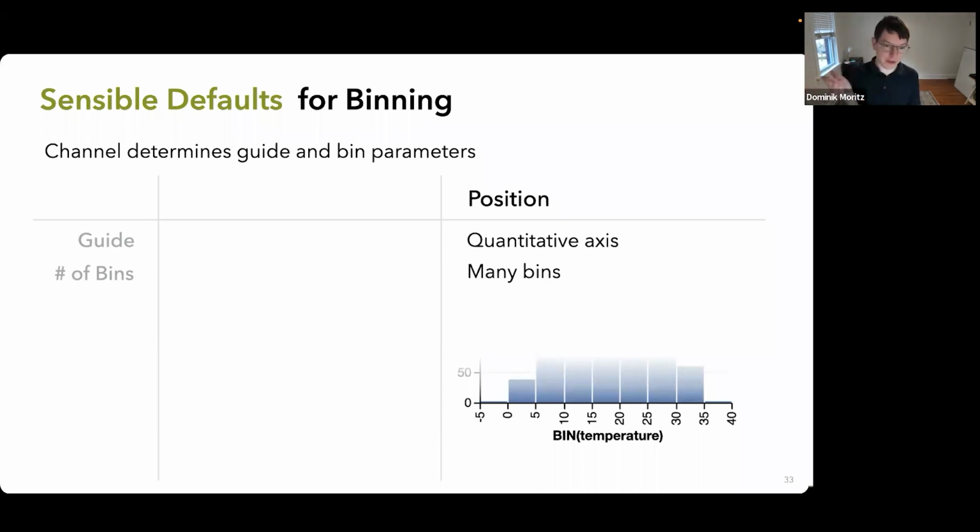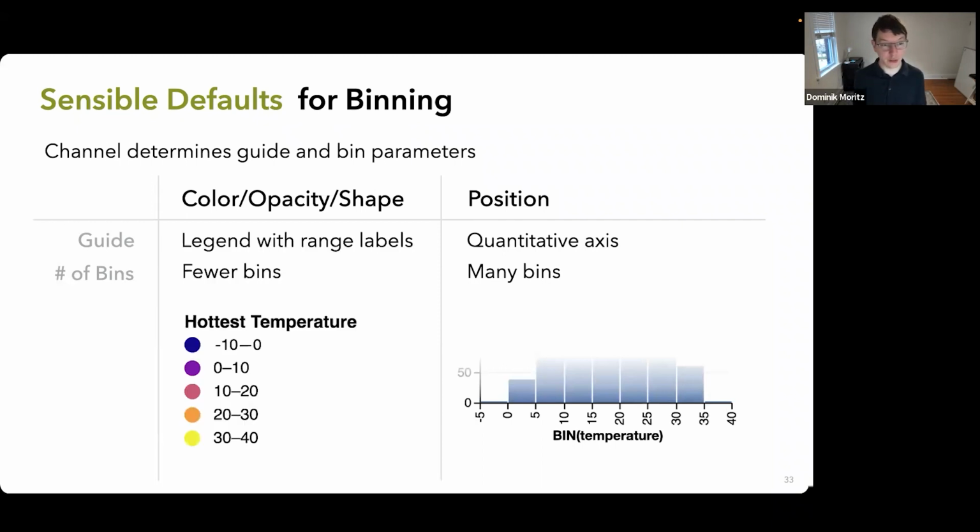And we have many bins as in, I think I have to count this, but more than you would have maybe in a different encoding. In particular, more than you would have in color, opacity, or shape, where the guide that's created is not an axis, but a legend with range labels. And we would have fewer bins when we use color, opacity, or shape.